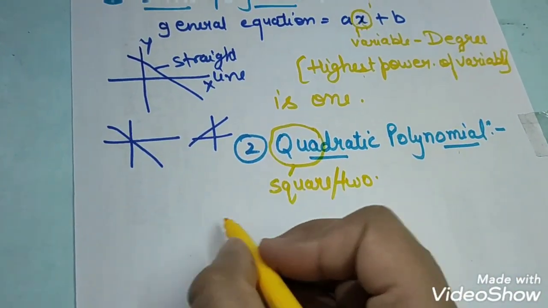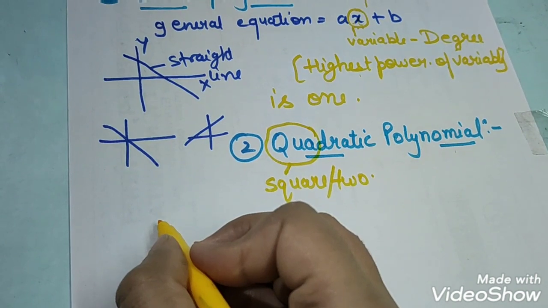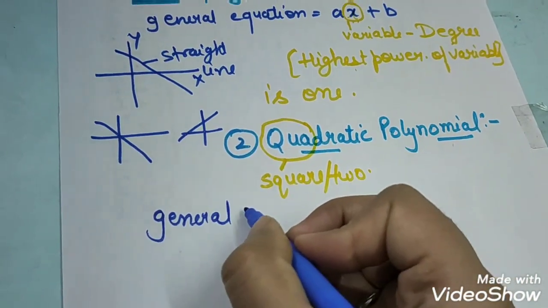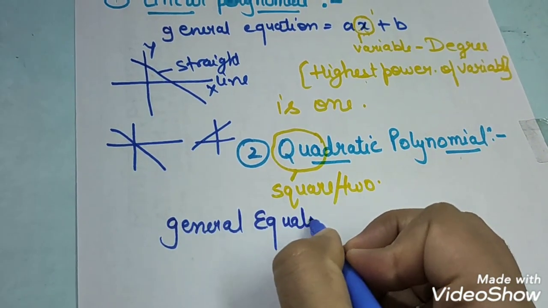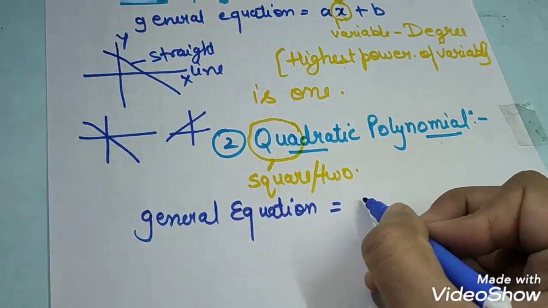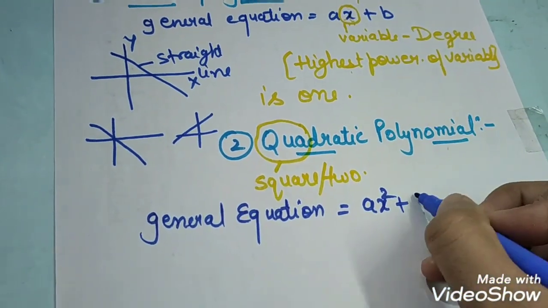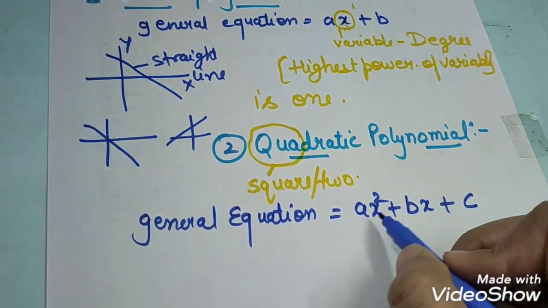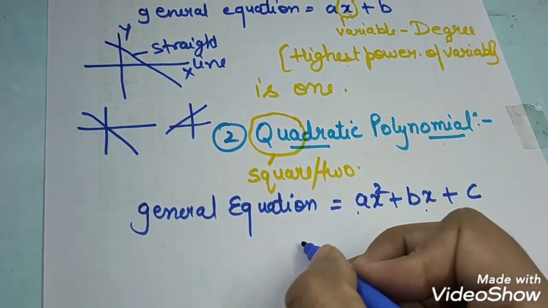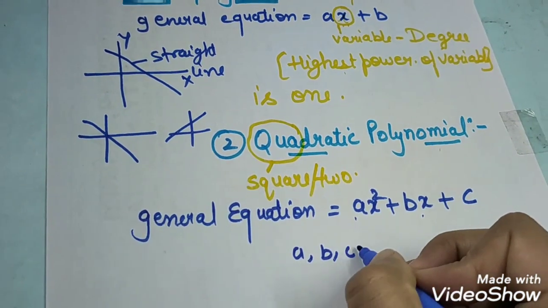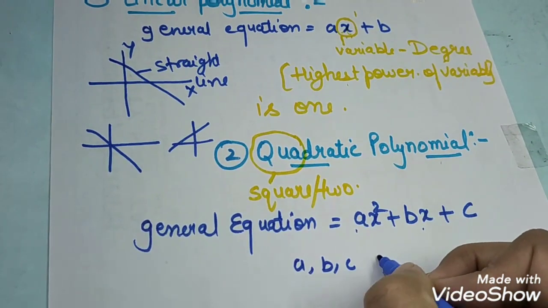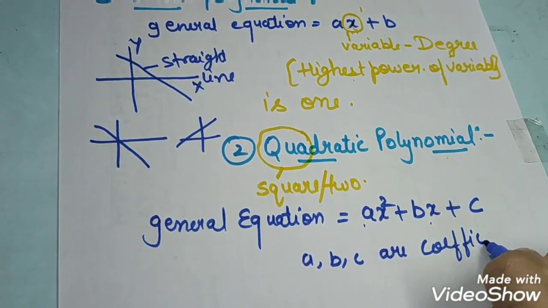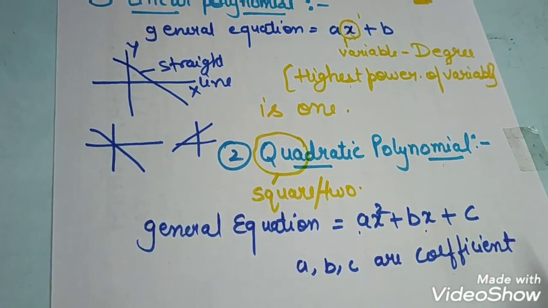If I write the general equation of a quadratic polynomial, it is ax square plus bx plus c. Here a, b, c are coefficients.